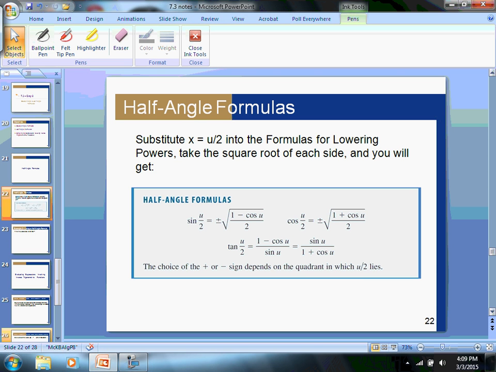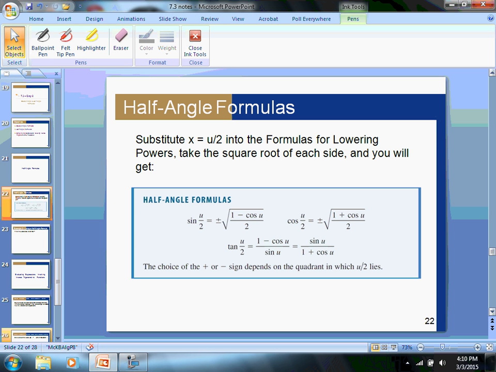I'm not going to show you how the half angle formulas get derived. I did that a lot with the double angle and the lowering powers formulas, but we're just going to cut right to the half angle formulas. Basically, this helps you find a value for an angle we know that's been divided by 2.